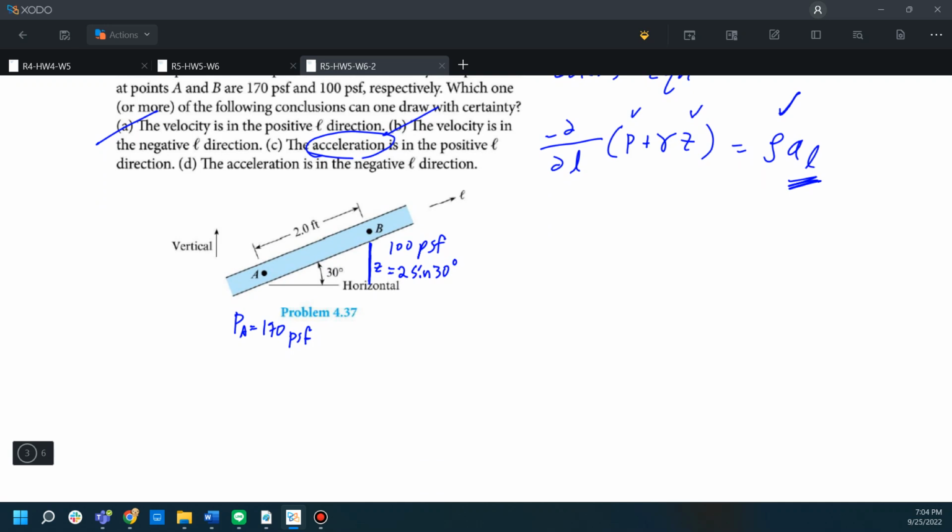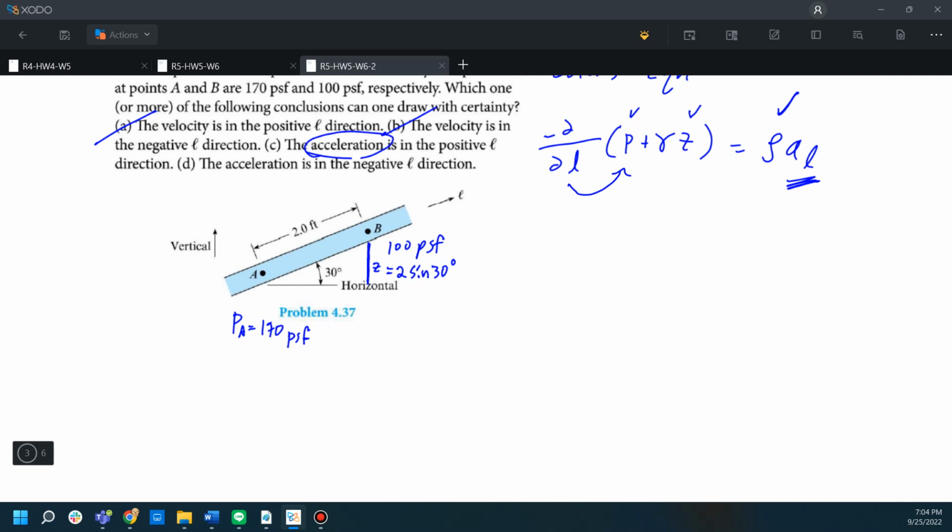Let's first put the partial derivative in for P and gamma times Z. So we have minus partial P, partial L, minus gamma partial Z, partial L, equal to rho times a_L.